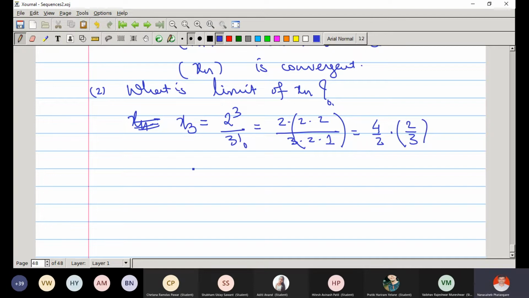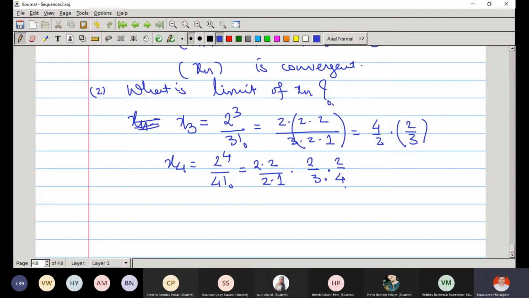Now x4, the observation I want to make is this. What is x4? 2 to the power 4 upon 4 factorial. So 2 into 2 upon 2 into 1, that is 4 by 2. That is fine. What are the remaining factors? 2 upon 3, 2 upon 4.